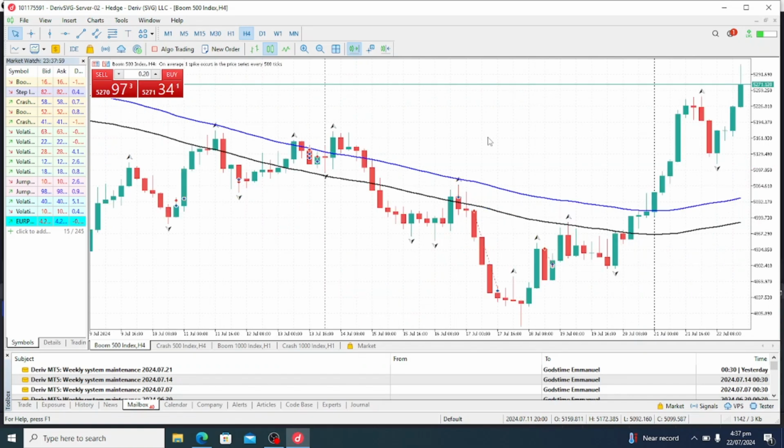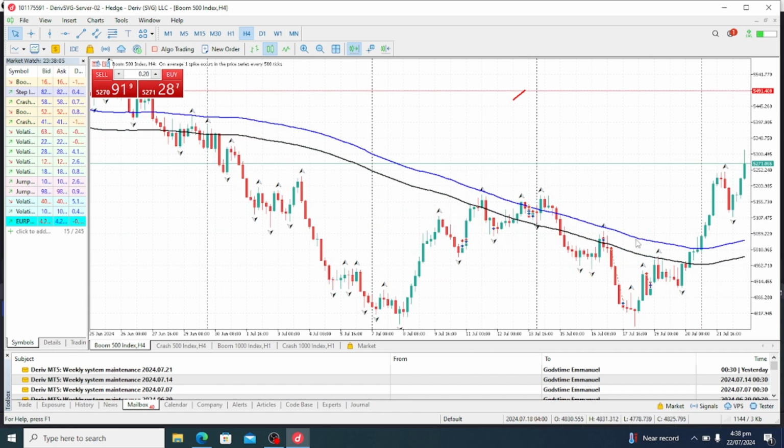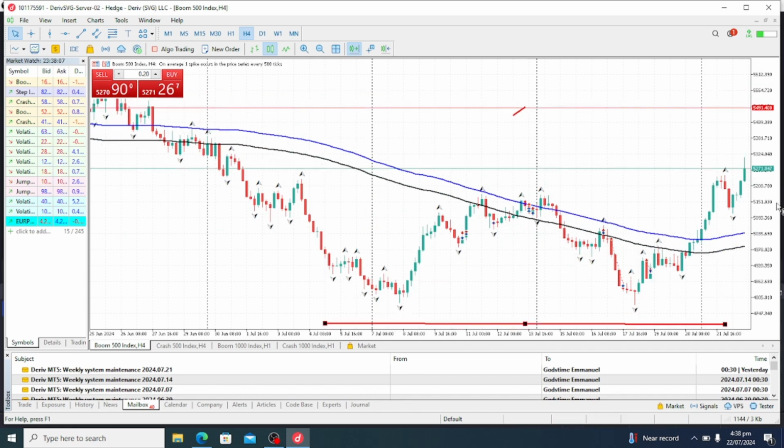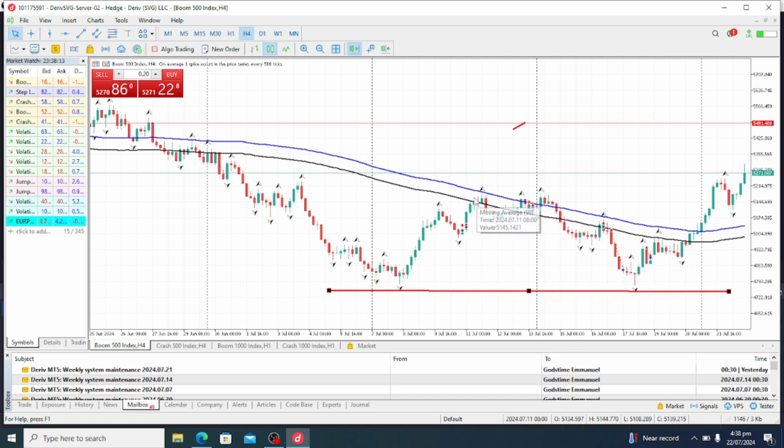Okay, so you can see this was the double bottom. There was a break, and look at the retest. I don't know if you can see it. Here is the retest.